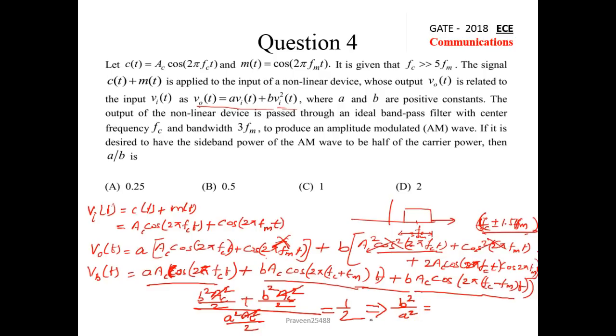This would be equal to, as this is 1 by 2, it would be 1 upon 4. So from here we can easily find the ratio of A upon B. A upon B is equal to 2 here. So easily we can find our answer. The D option is our correct answer.